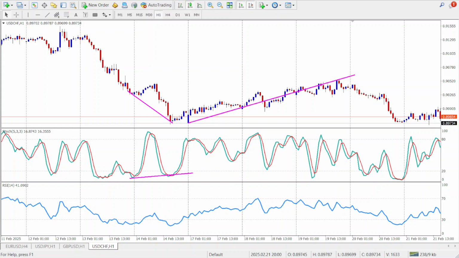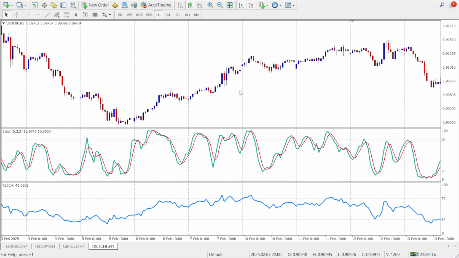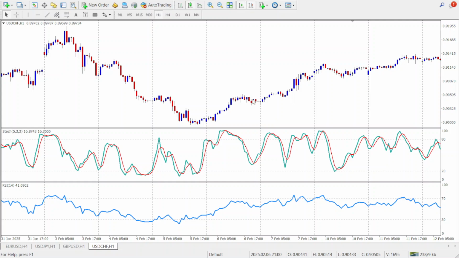Okay, then a hidden divergence happens, for example, when price is making a higher low, but the indicator is making a lower low.